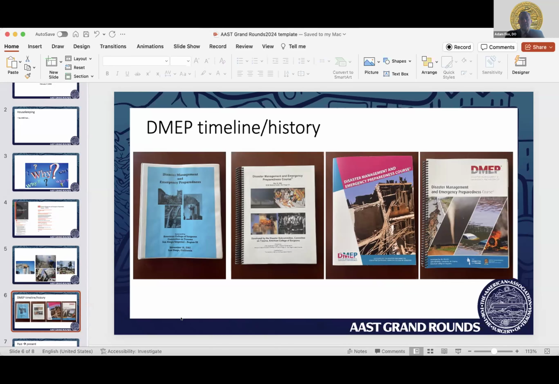There were actually several versions, including slide decks, that continued over the next several years, at which point in 2007 there was a version that you can see in the second slide, and then the format was made into a manual around 2008 as the first edition. The ACS Board of Regents approved the DMEP course in February of 2009, so we're actually at a bit of an anniversary right now.